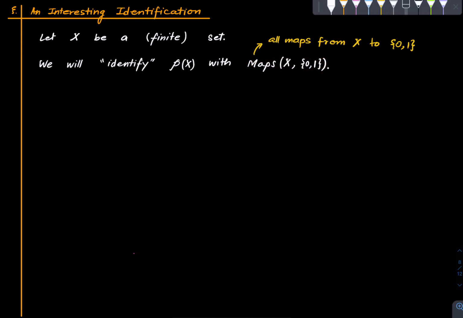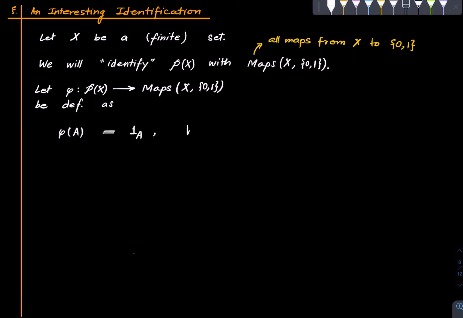Let phi from the power set to this be defined as: phi of A is the indicator function of A, for all A in the power set, meaning all subsets of X.